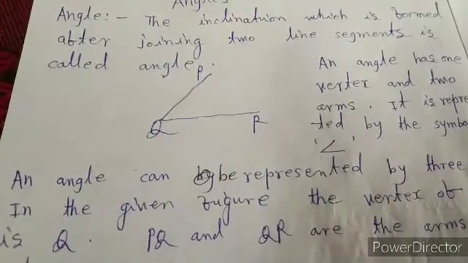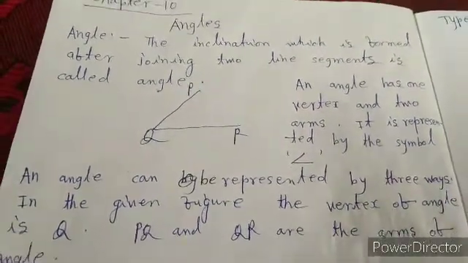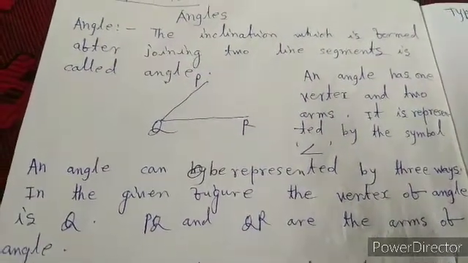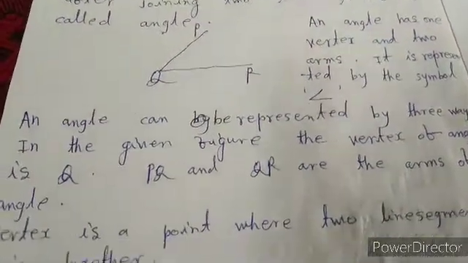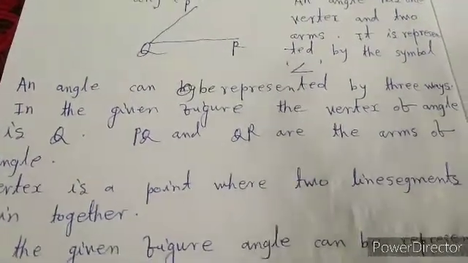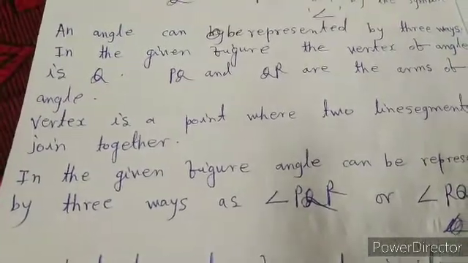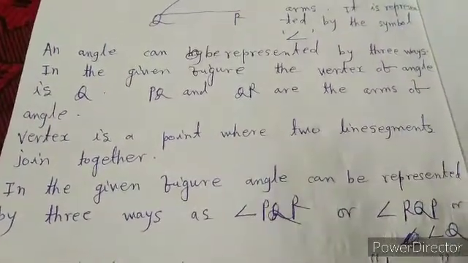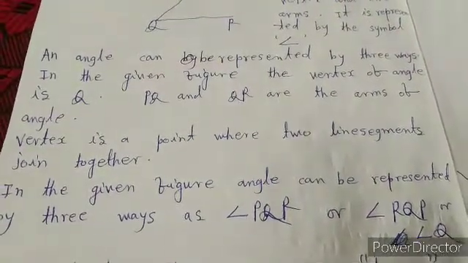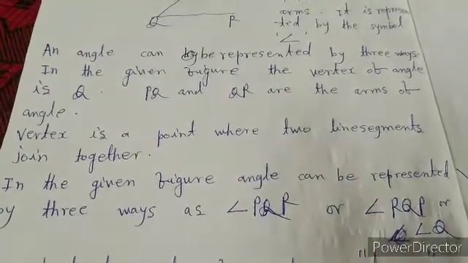In the given figure, the vertex of the angle is Q. PQ and QR are the arms of the angle. Vertex is a point where two line segments join together. In the given figure, the angle can be represented in three ways as angle PQR, angle RQP, or angle Q.